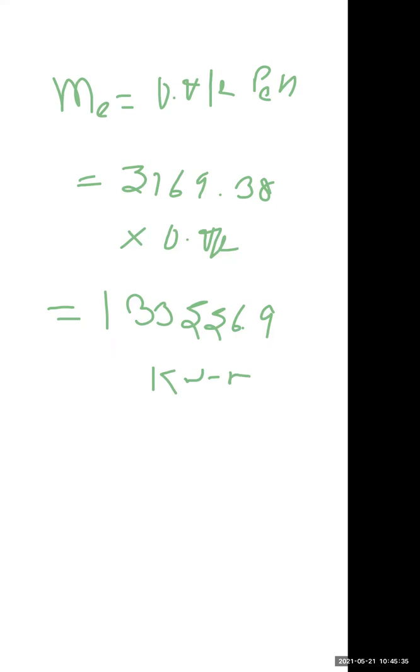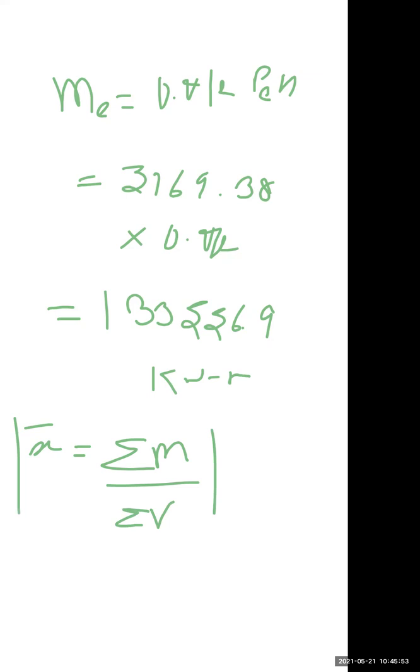Okay, so what is the value of x bar? X bar we can calculate the same as in the previous discussion. Here summation M by summation V. Then we have to calculate eccentricity, that is B by 2 minus x bar. B by 2 is given, x bar is calculated.